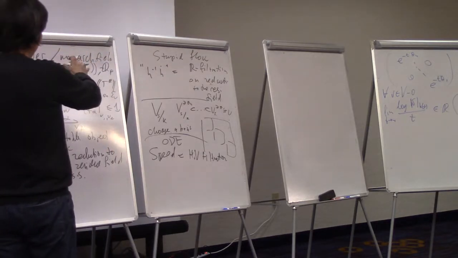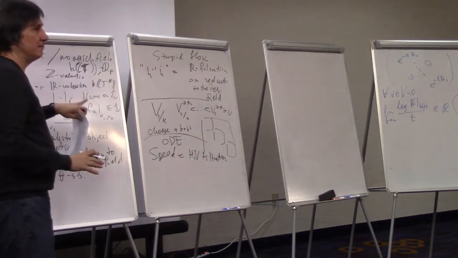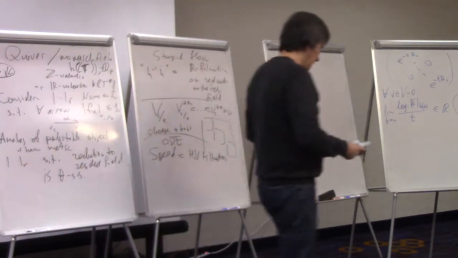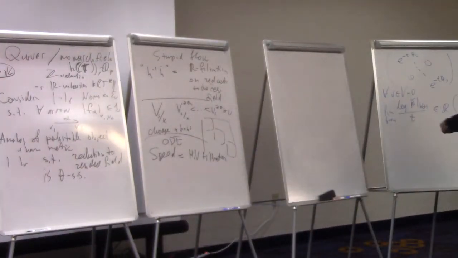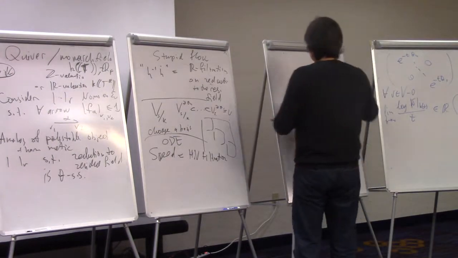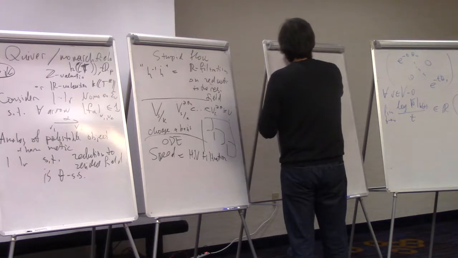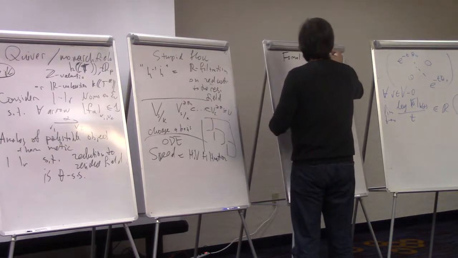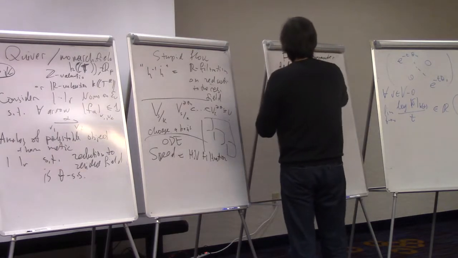So after you deform it, we will have few representations. So it's kind of not a flat deformation of a quiver at all. But how can one analyze this situation categorically? Kind of consider a formal one parameter deformation of a category.